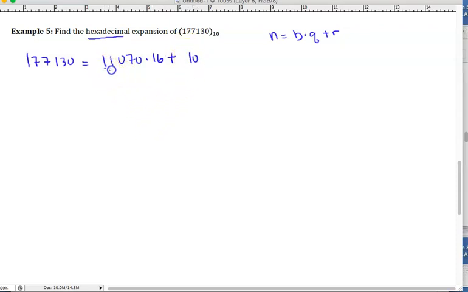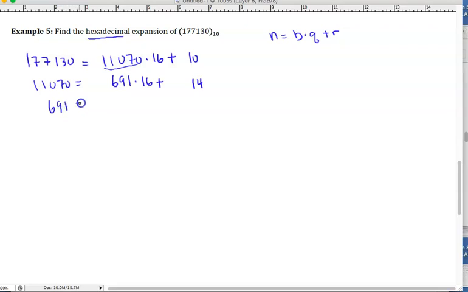Then we keep doing this. 11070, divide that by 16. We get 691 times 16. Let's find the remainder. 11070 minus 691 times 16 gives me a remainder of 14.